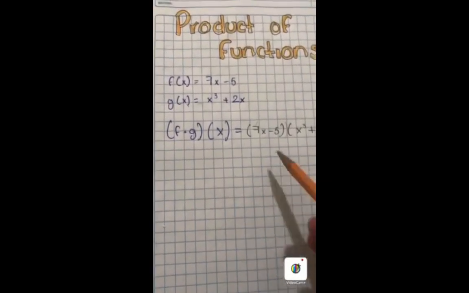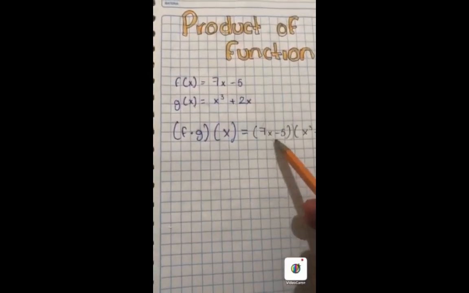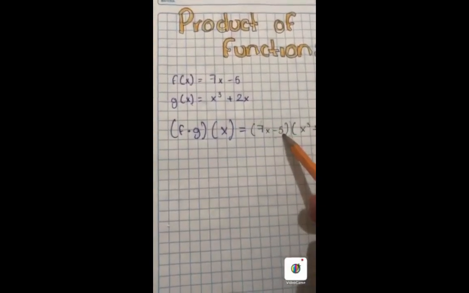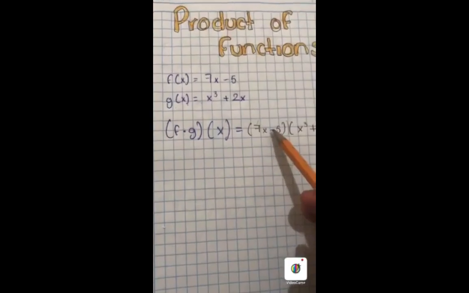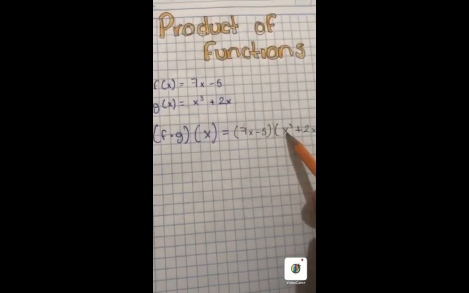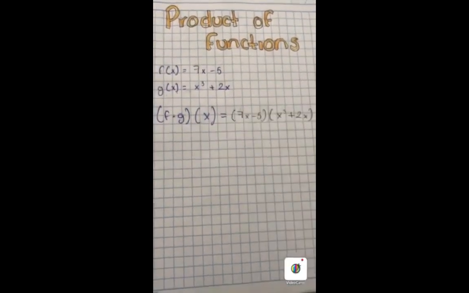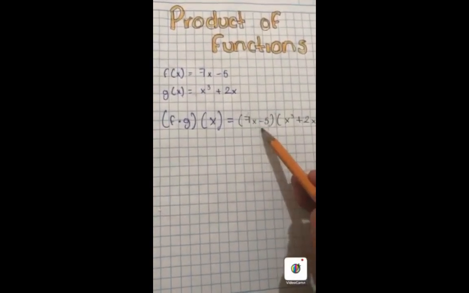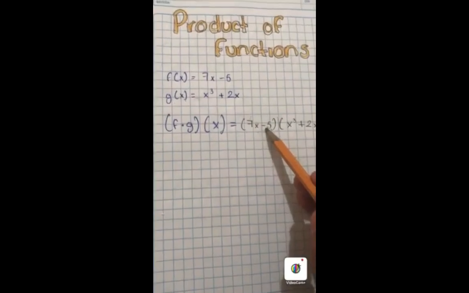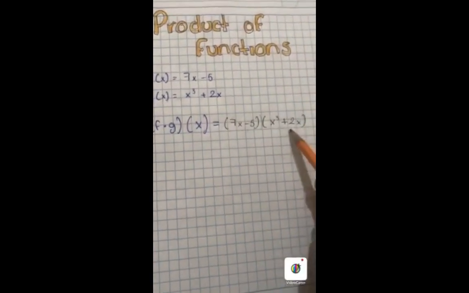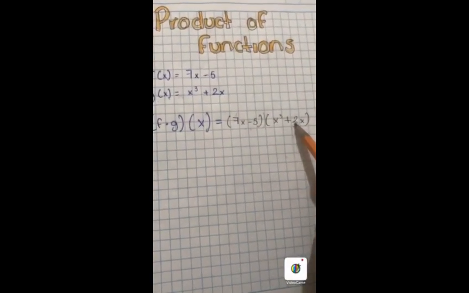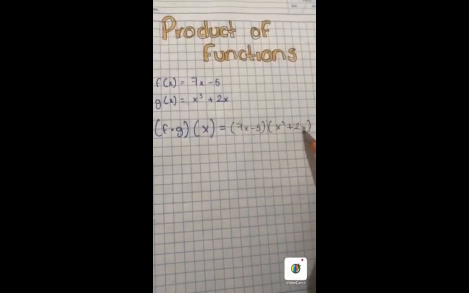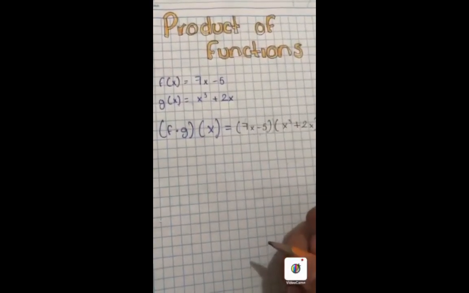7x minus 5 multiplied by x cubed, later 7x minus 5 multiplied by 2x.